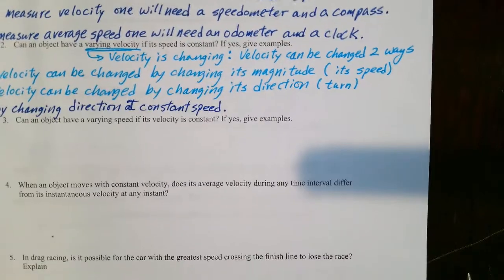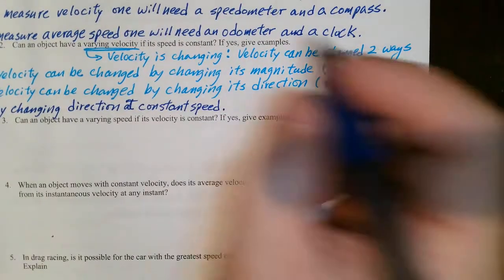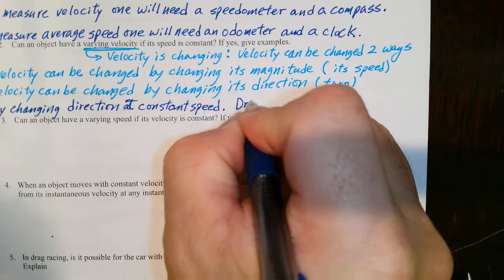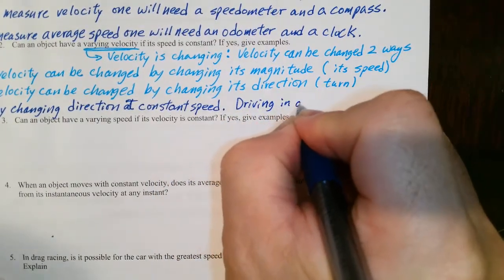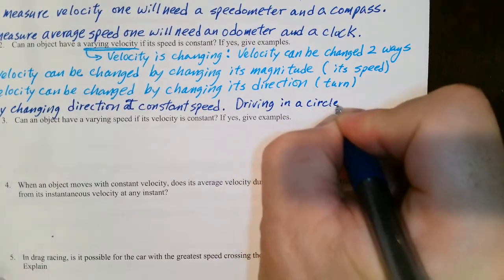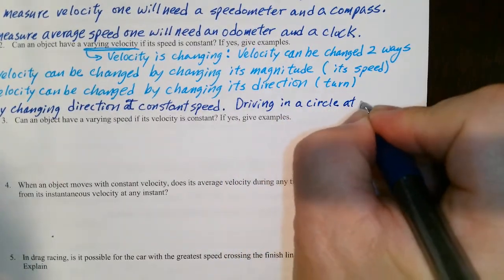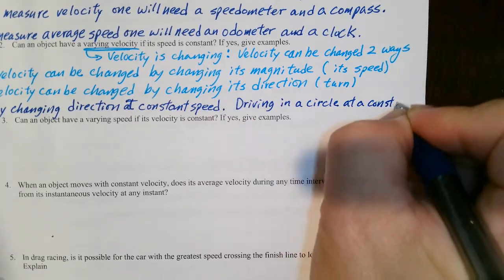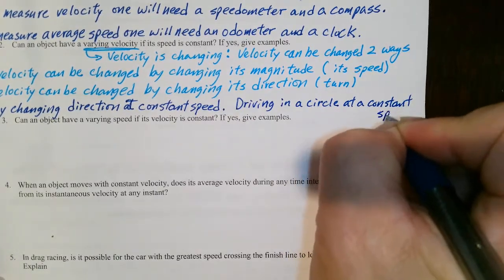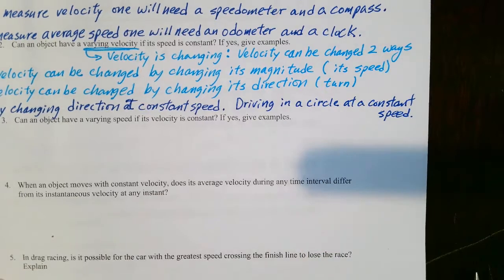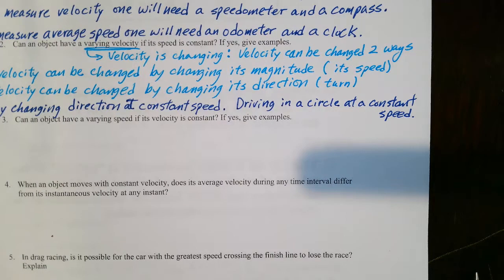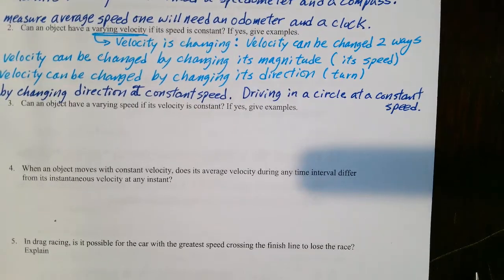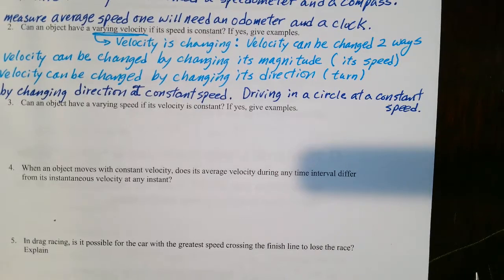An example of that would be driving in a circle at a constant speed. So when you're driving in a circle at a constant speed, you are changing velocity while moving at a constant speed. All right?